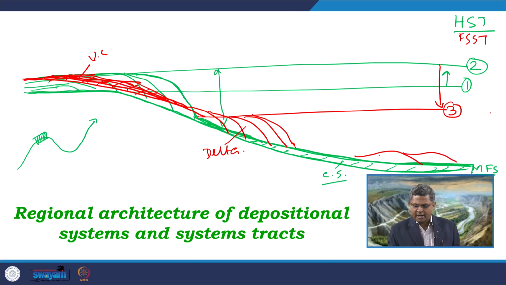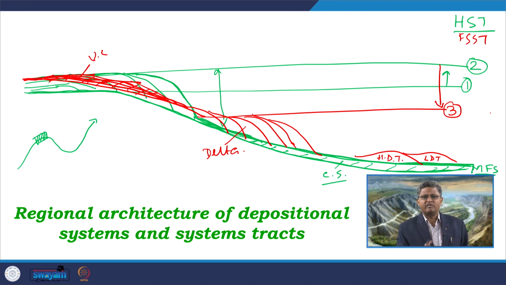So these are high density turbidites and these are low density turbidites, which will also form during this phase. Apart from these areas, we will not get much deposition except this delta forming over here.